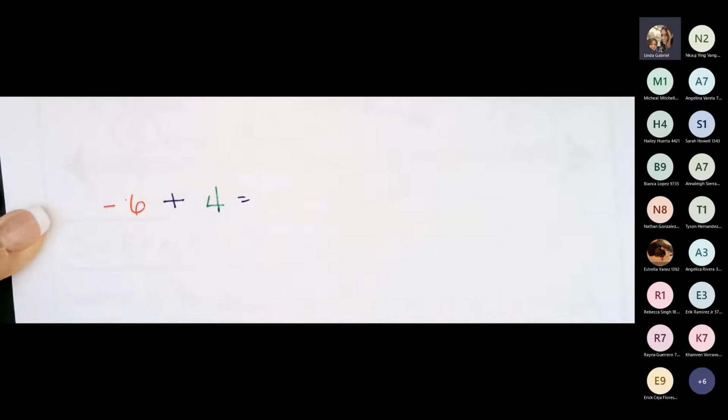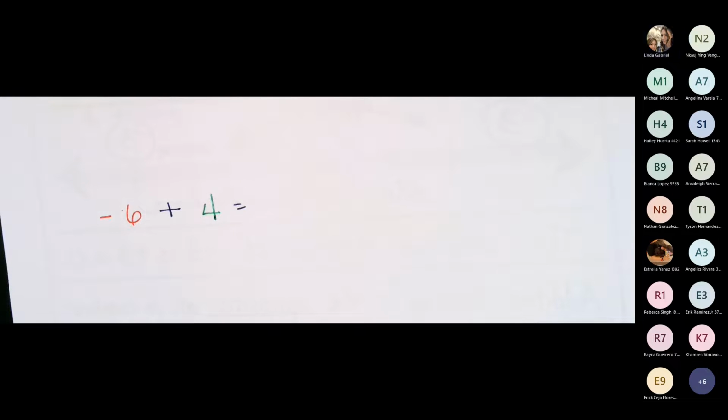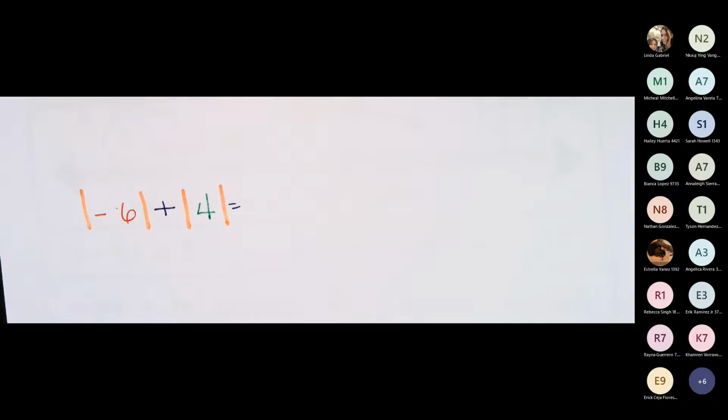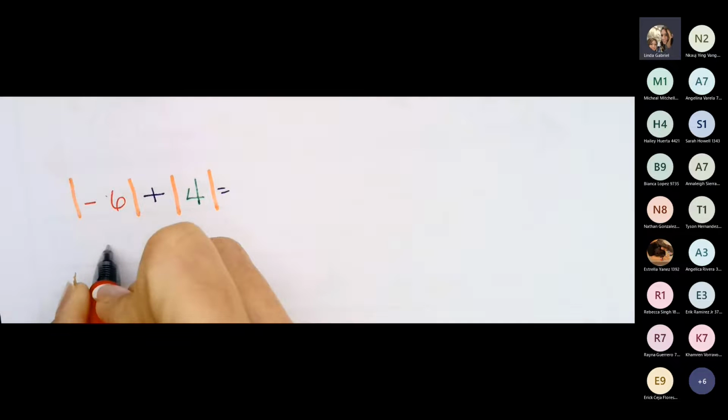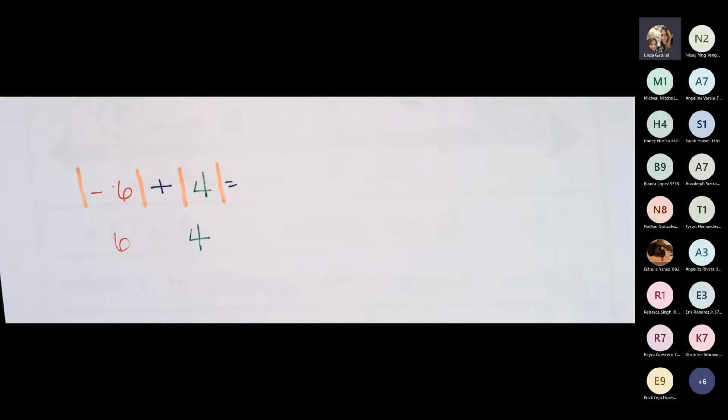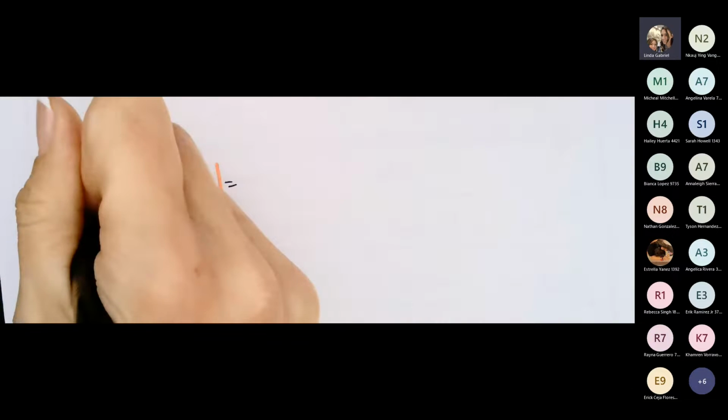You want to find that value. So what I'm going to do, I'm going to start out by finding the absolute values. So my absolute value of negative 6 will be 6. Absolute value of 4 remains 4. Looking at my two absolute values, 6 is larger than 4. So I know that my answer will be negative.